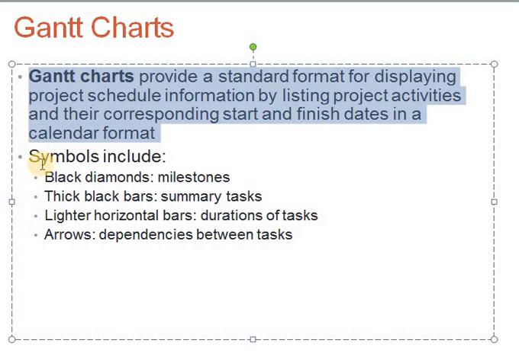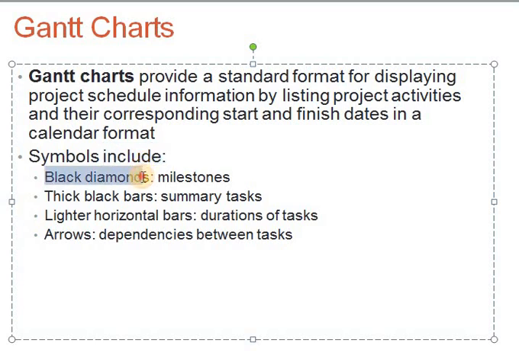The symbols that we use to create a Gantt chart are black diamonds, which are used to show the milestones, thick black bars used for the summary tasks, lighter horizontal bars used to show the duration of the tasks, and arrows which are used to show the dependencies between the tasks.